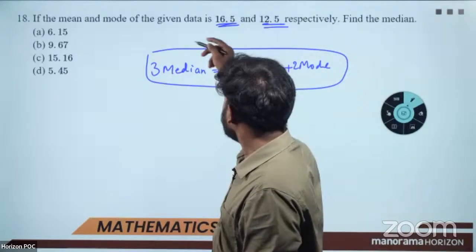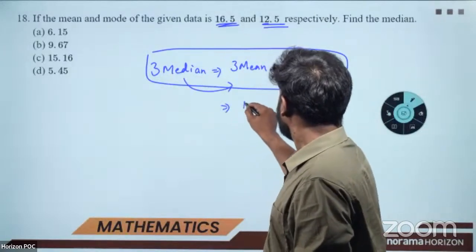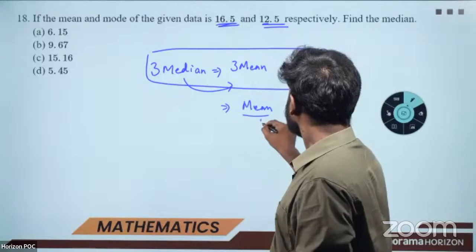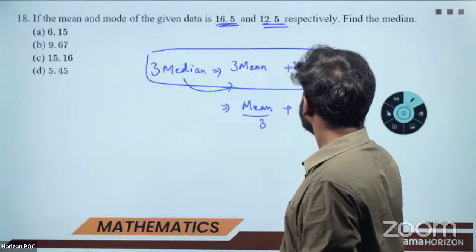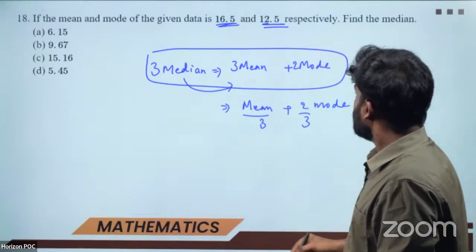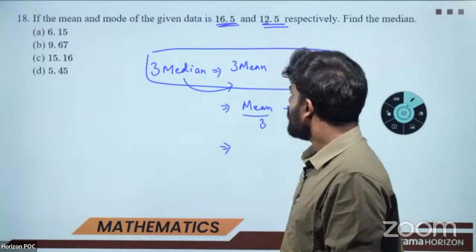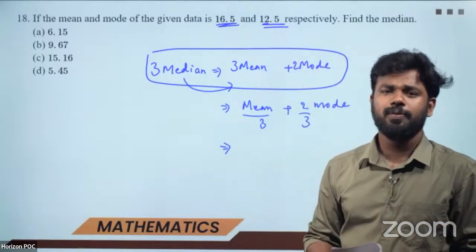But you have only one median to find. So that becomes mean by 3 plus 2 mode. Sorry, 2/3 mode. Okay, got it? So just try to find out the value here. Just check how much you are getting.